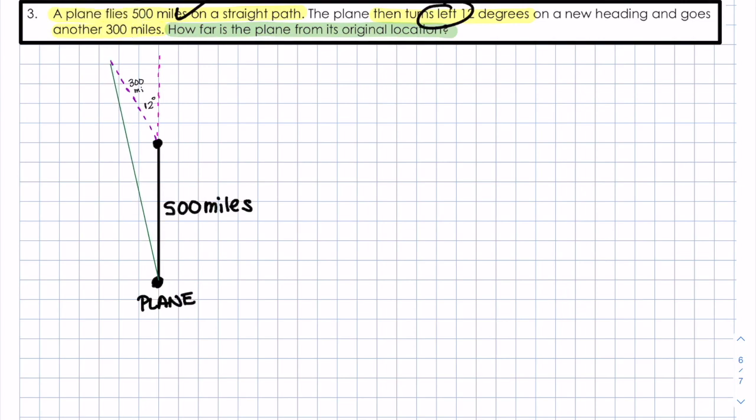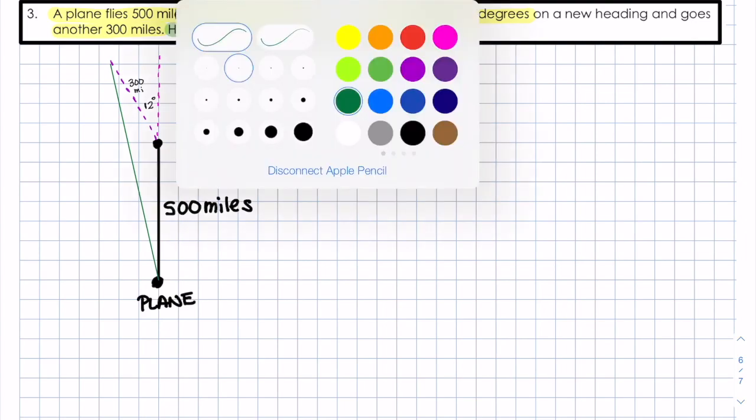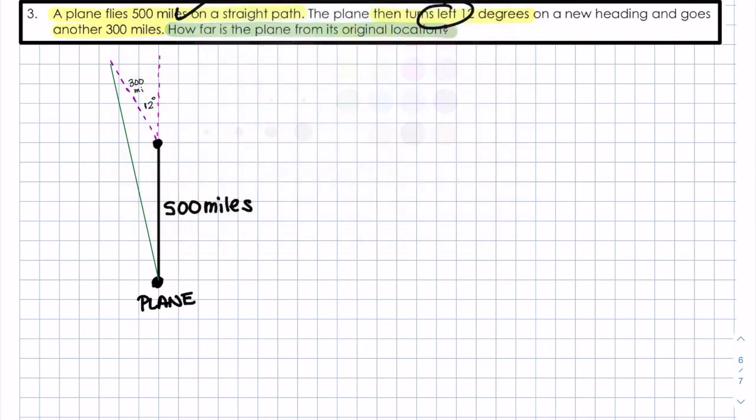That's probably good enough. Okay, so let me take this triangle out really quick so we can see it a little bit more clearly. So there's the triangle.